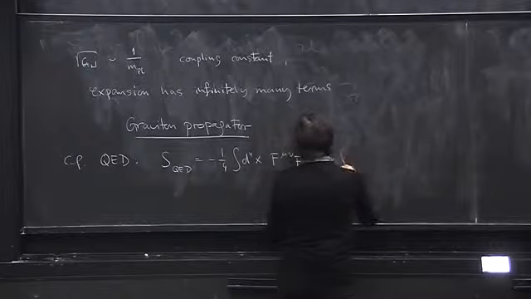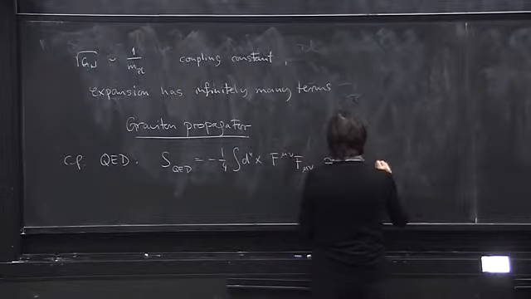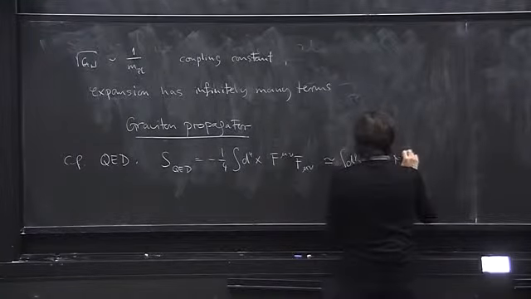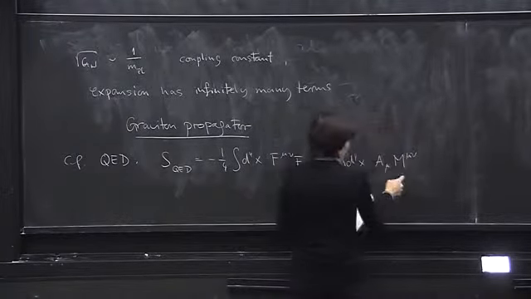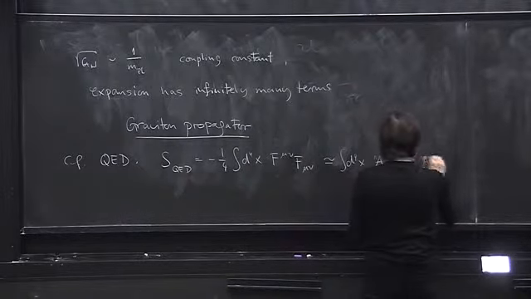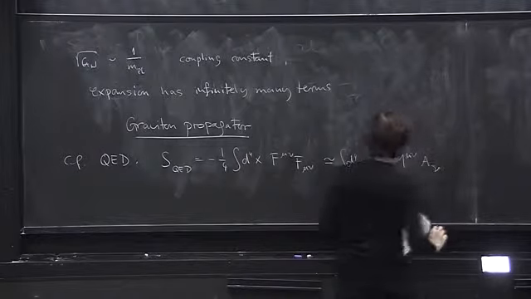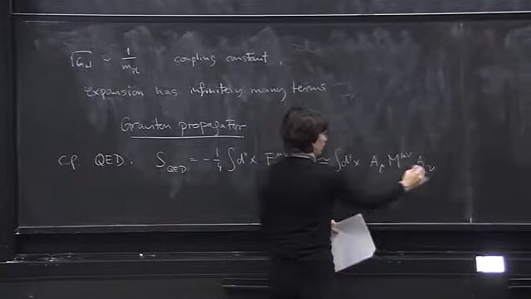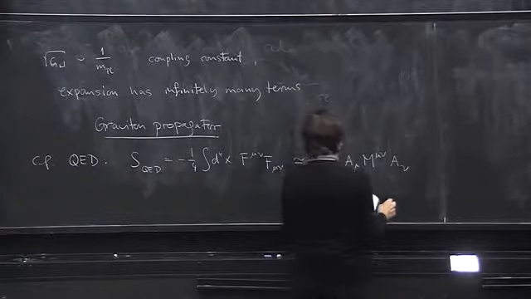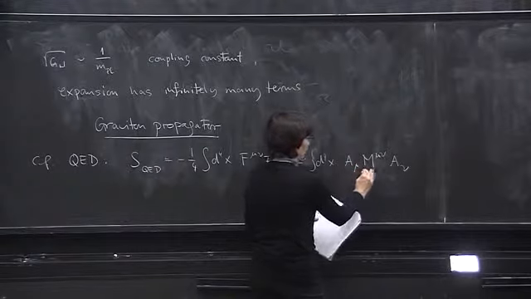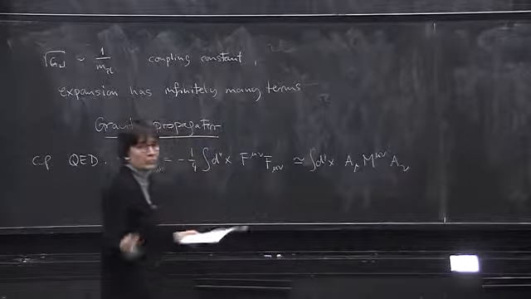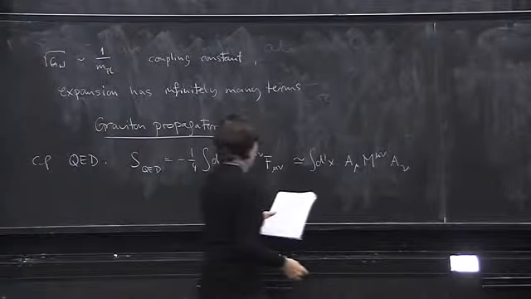You bring it to the form ∫d^4x A_μ, the elementary photon field, some matrix including differential operators, M^μν, times A_ν. What you then have to do is to look at this operator and invert it. And then you have the propagator of the theory.